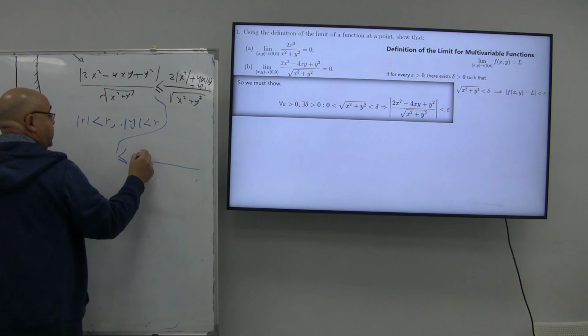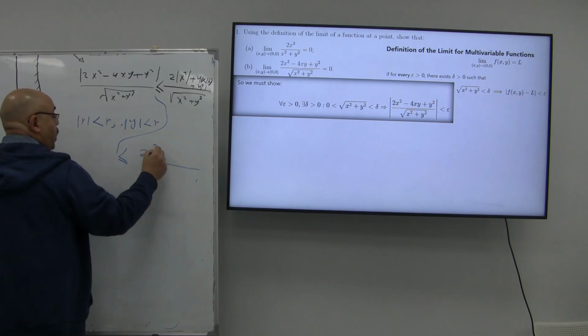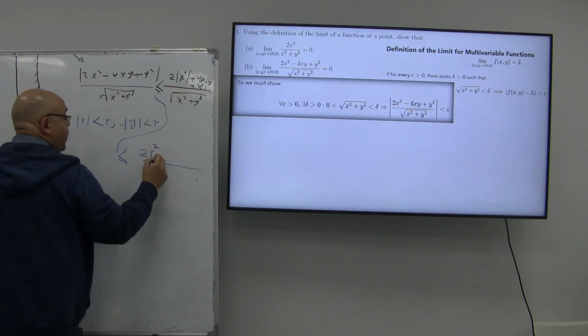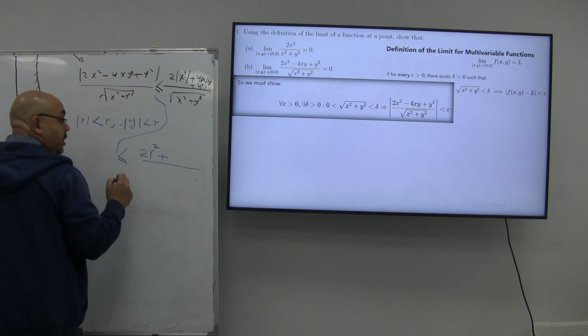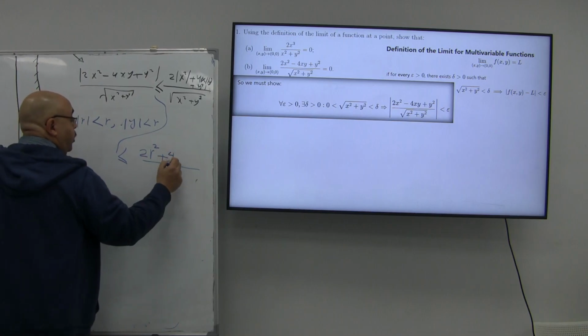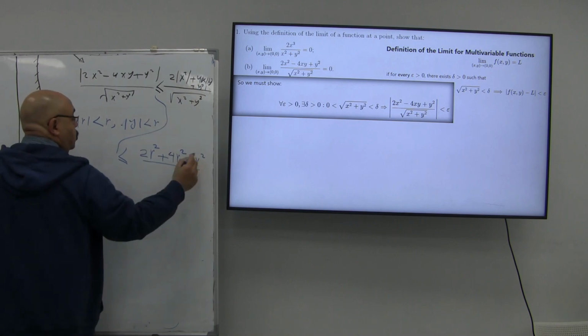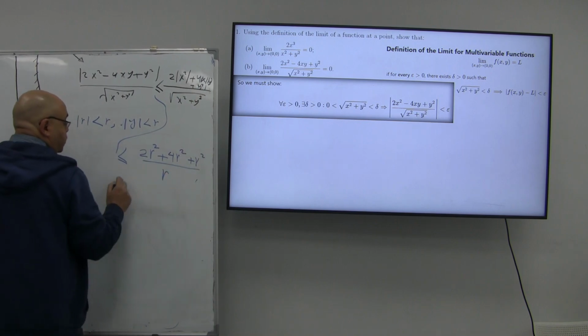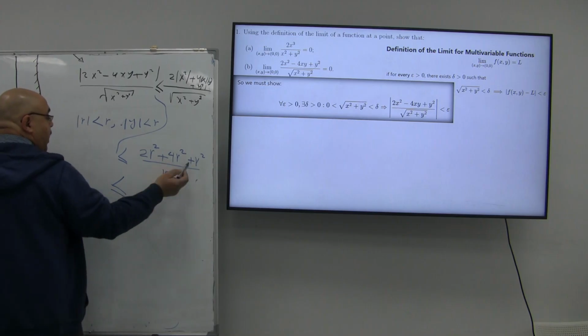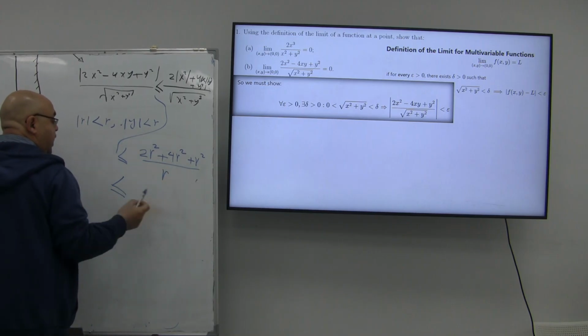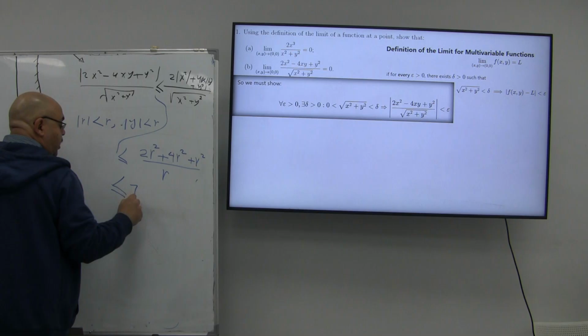This can be easily replaced by 2r squared, and the term in the middle can be changed to 4r squared, and the last term will be r squared, divided by r. So if you add all of this, we end up with less than 7r squared over r, which is 7r.